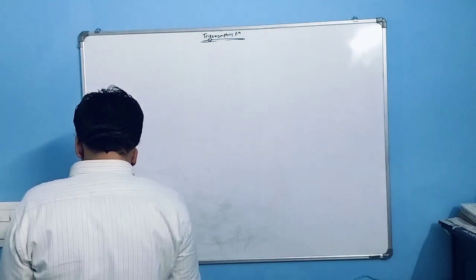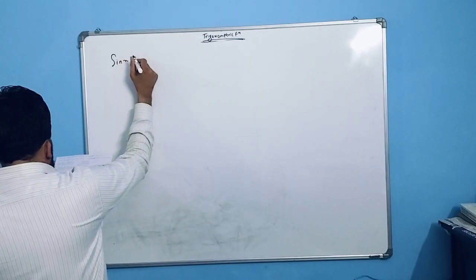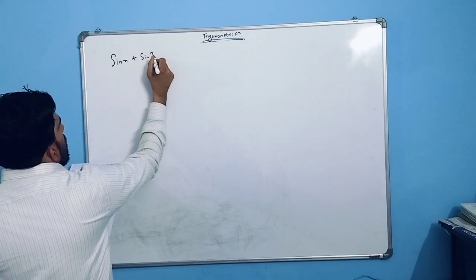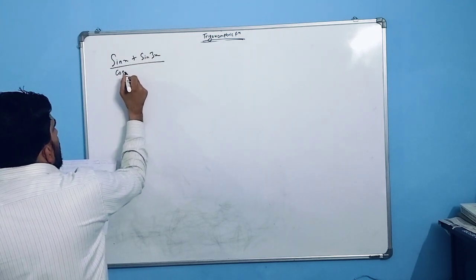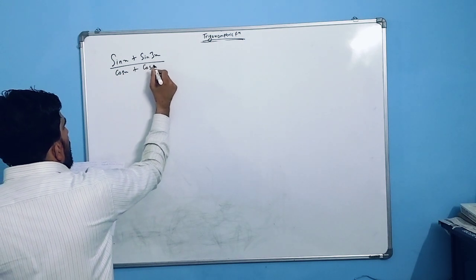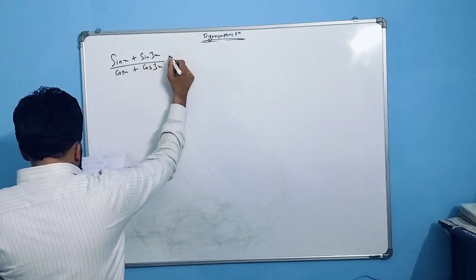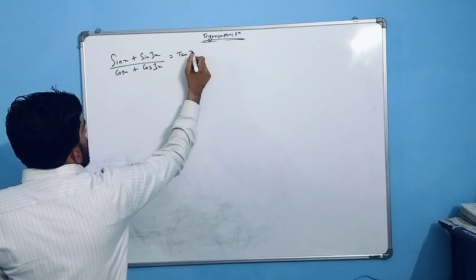The next numerical is (sin x plus sin 3x) upon (cos x plus cos 3x) is equal to tan 2x.